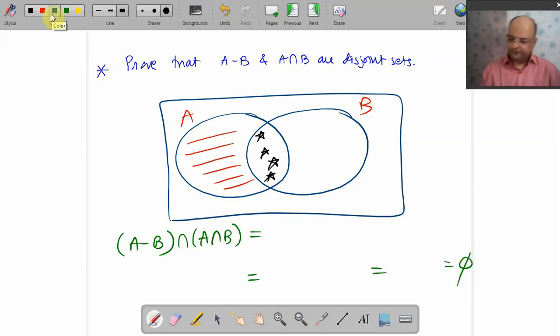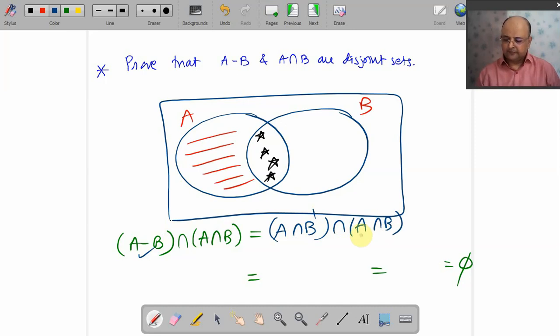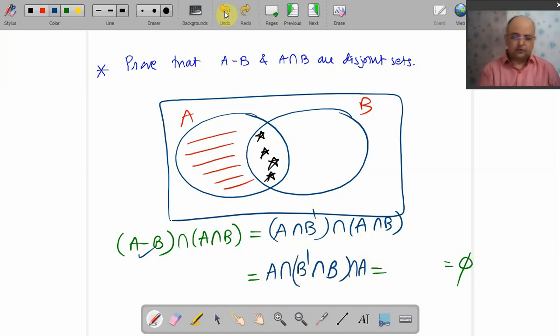Ready? Okay, can I replace this by A intersection B dash? See how beautiful and important this result is. I have applied this result at least 50 times in these lectures. This is A intersection B. By associativity, I can go for A intersection B dash intersection B. You need not write intersection A 2 times.